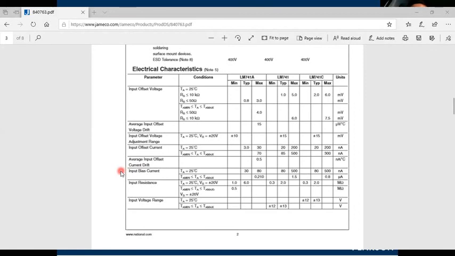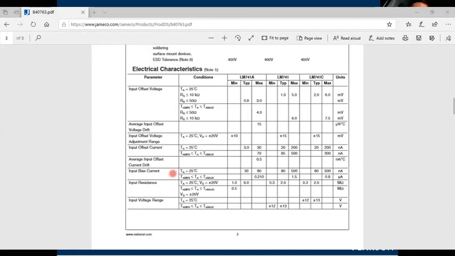For example, gagamitin natin is yung LM741C. All right. So the input bias current of LM741C is from 80 to 500 nanoamperes. So yan yung mga values nila, no? Normal operating temperature of 25 degrees Celsius.